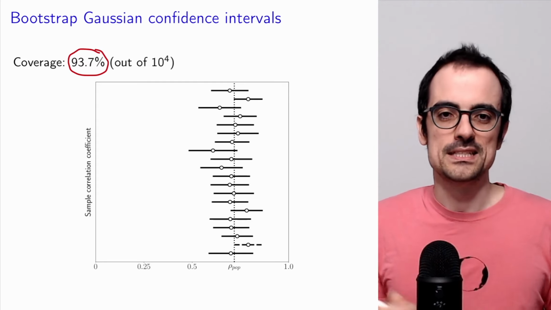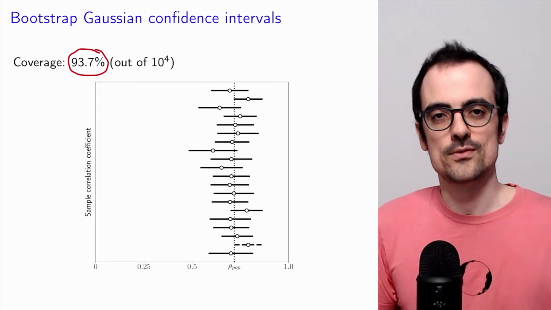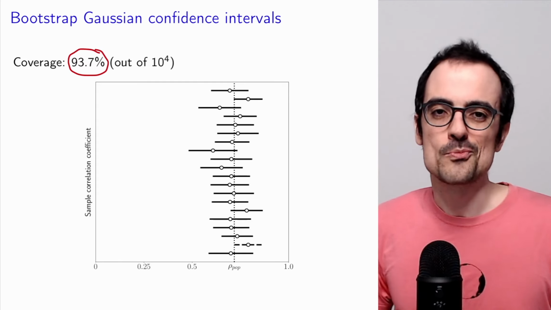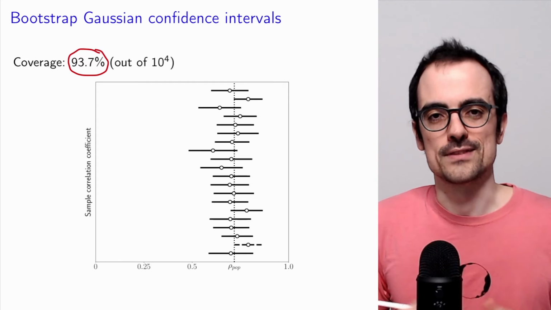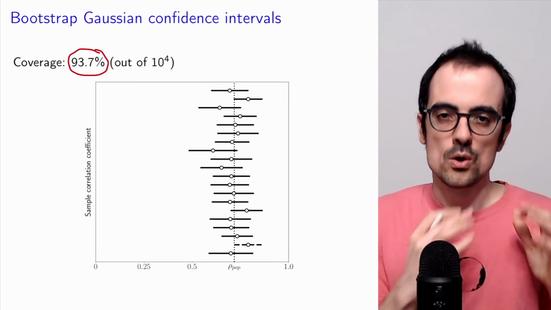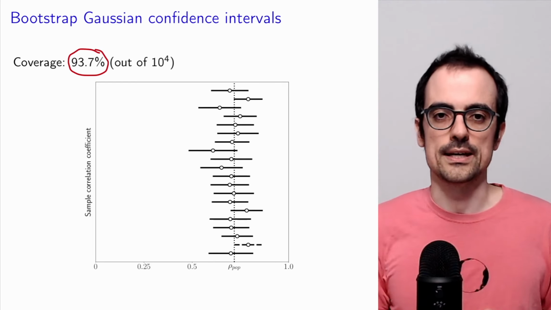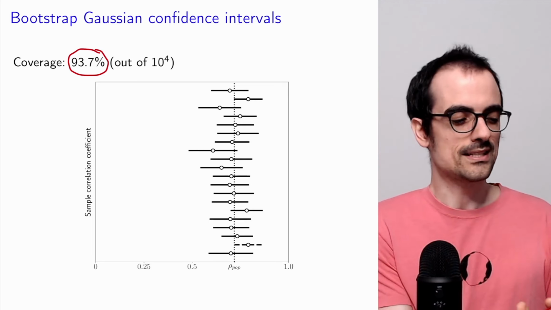So this is actually pretty good. We have completely bypassed the need for deriving a formula for the standard error of the sample correlation coefficient. Just by approximating it via bootstrapping, we managed to obtain a good enough standard error to build reasonable confidence intervals.